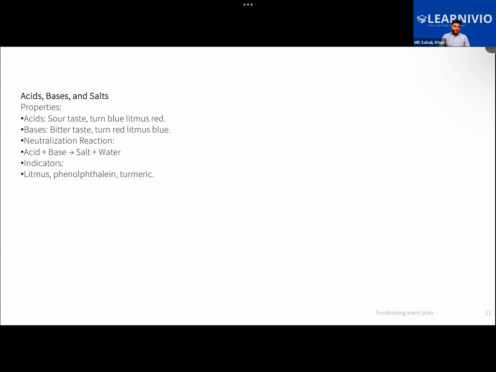Then we have learned about the chapter acid, bases, and salt. Various things we learned in that. Like we have learned about what is acid, what is base, what are their properties. We have learned about the neutralization reaction, about the pH value, and what are the different types of indicators that are used, right?